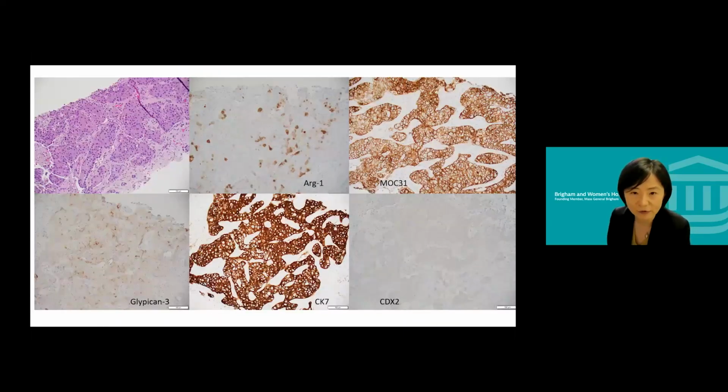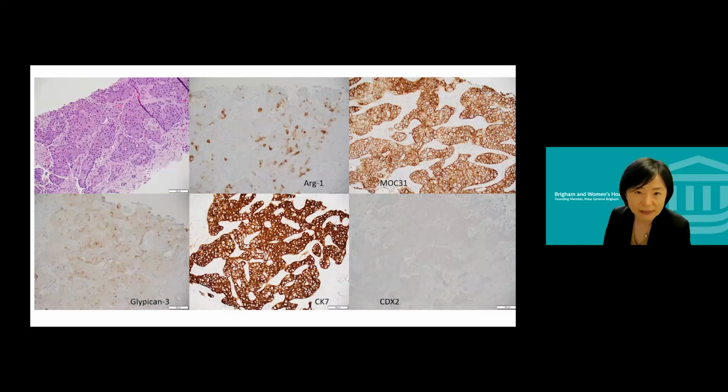You should have access to all these immunomarkers we performed. The tumor is focally positive for arginase 1, patchy positive for glypican-3. There's diffuse positivity for MOC31 and CK7, and negative for CDX2.